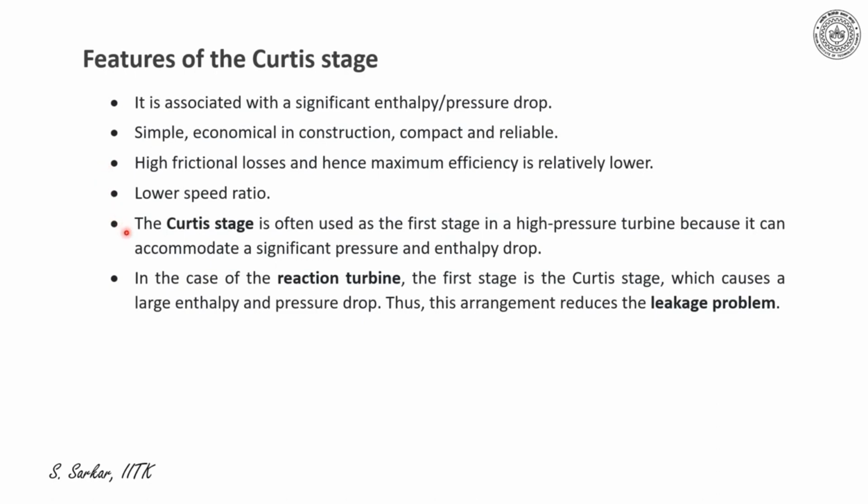Furthermore, the Curtis turbine is often used as a first stage in a high pressure turbine because it can accommodate a significant pressure and enthalpy drop. In a reaction turbine, often we use the first stage as the Curtis stage, which causes a large enthalpy and pressure drop. Thus, this arrangement reduces the leakage problem.